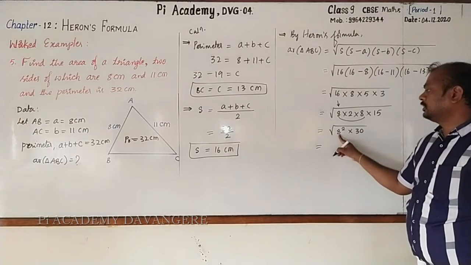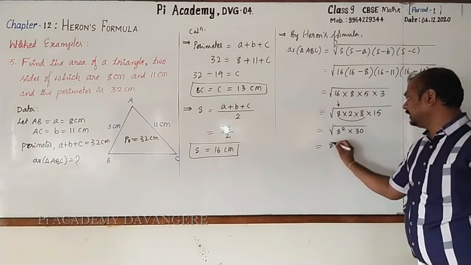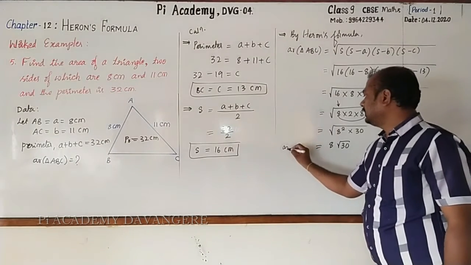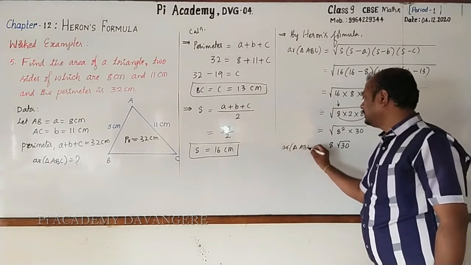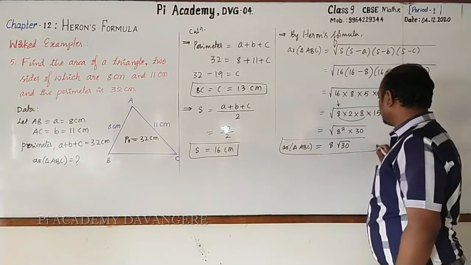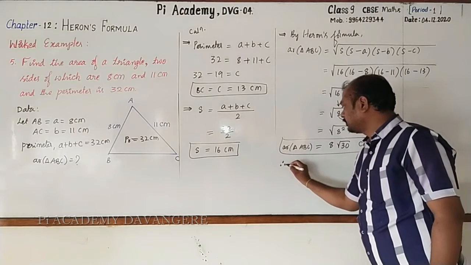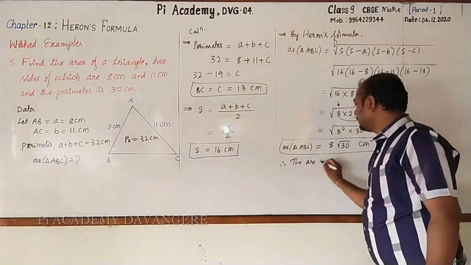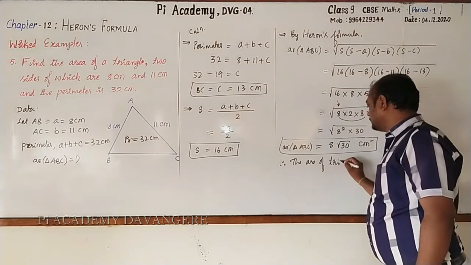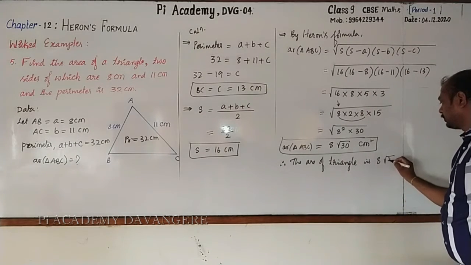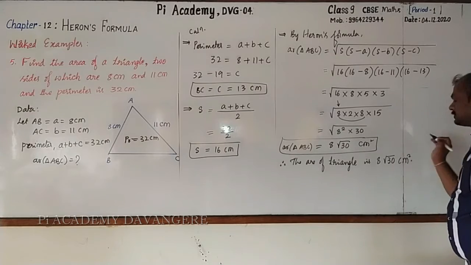It's equal to square root of 8 square is 8 into root 30 as it is. This is the area of triangle ABC, centimeters square. So now let me write the conclusion. Therefore, the area of the triangle is how much? 8 into root 30 centimeter square.